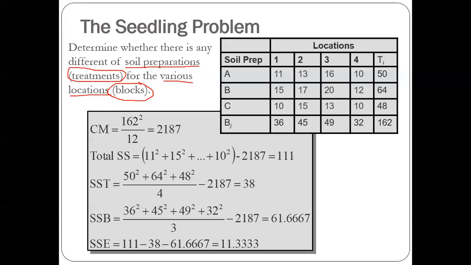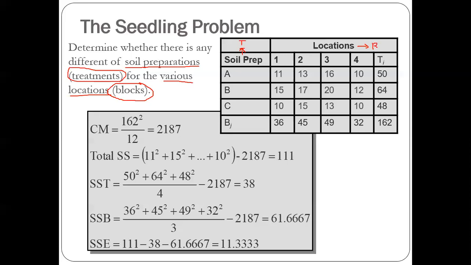This table has been given. They give you the 4 locations, 1, 2, 3, 4, and they give you the 3 treatments: A treatment, B treatment, and C treatment. The soil preparation is the treatment, and the location is the block.